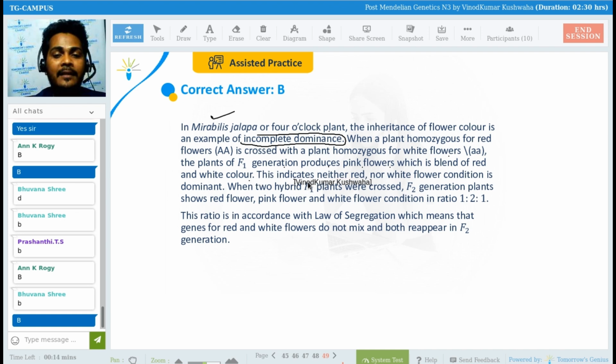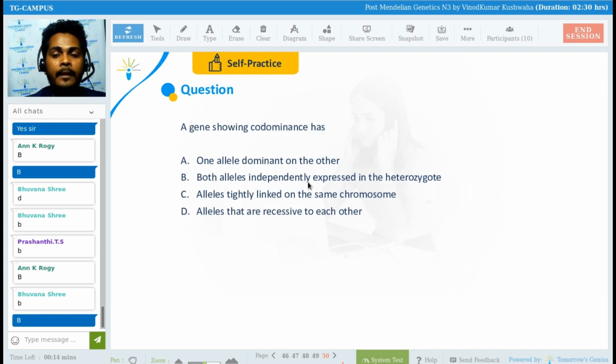This indicates neither red nor white flower condition is dominant, right? So when two hybrid F1 plants were crossed, the F2 generation shows red, pink and white flowers, and the ratio is 1:2:1. Clear? So yes, you are absolutely right, that is B.